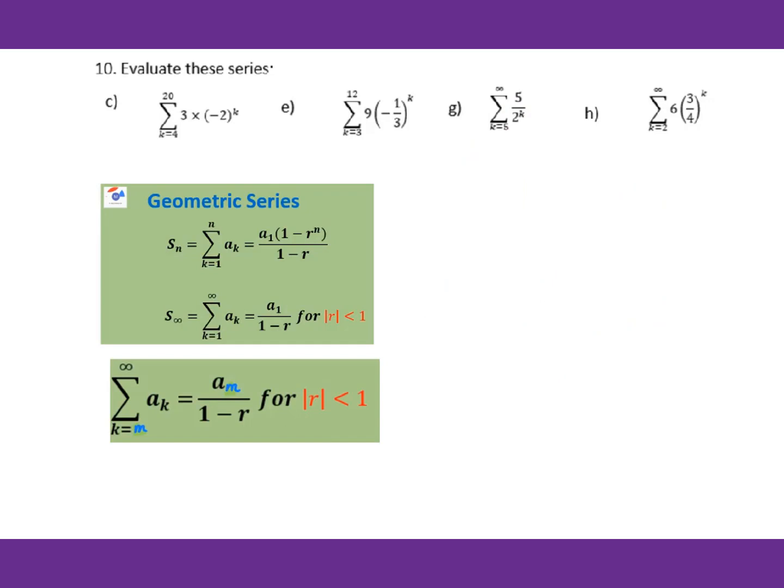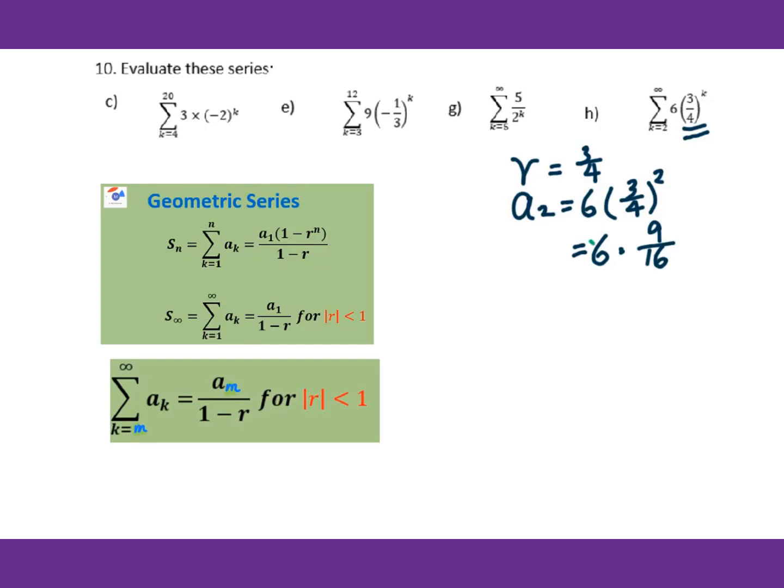For number h, this is an exponential function. Base will be the ratio. And a sub 2 equals 6 times 3 over 4 squared. That is 6 times 9 over 16.